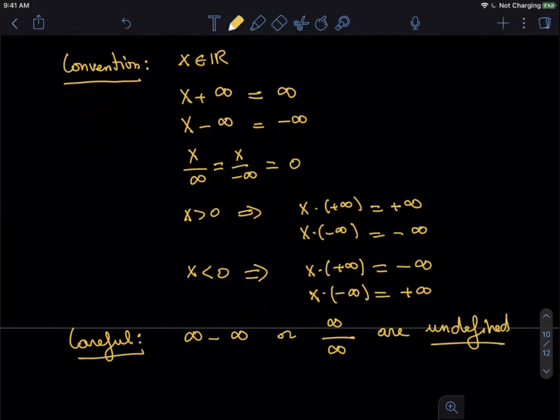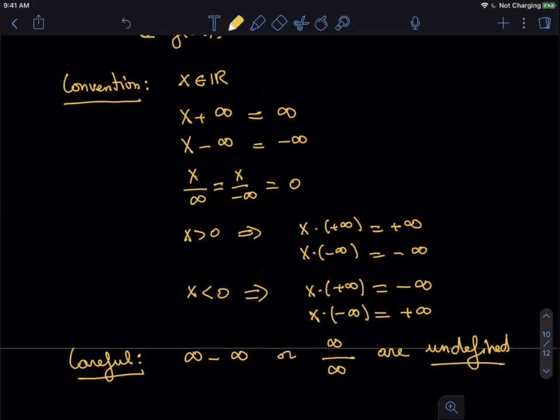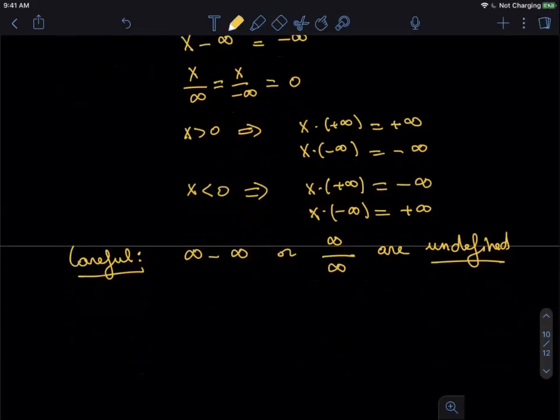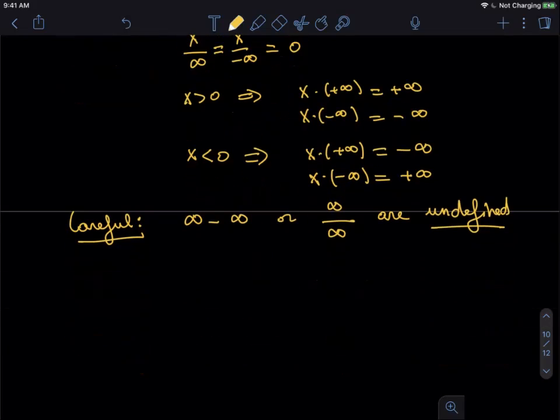Okay, back in Calc 1. All right, so these are, again, let me stress this, these are not really operations, these are conventions. This is a definition we are making, okay? But that's important to remember that this is not a field. Okay, it's a field extended to something else.